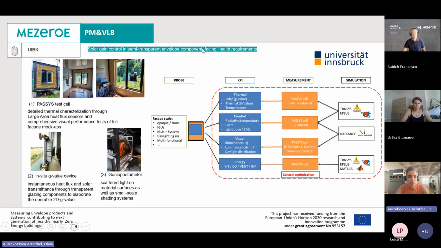Then pilot line 8, which is led by the University of Innsbruck, is also focused on semi-transparent envelope components, and they offer a passive test cell, an in-situ G-value device, and a goniophotometer to measure thermal, comfort, visual, and energy parameters. They also offer simulation tools to characterize these semi-transparent envelope products.